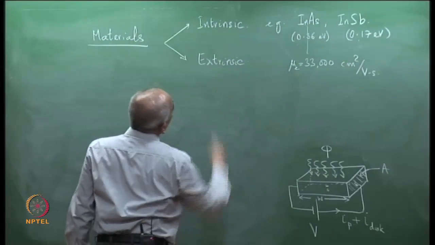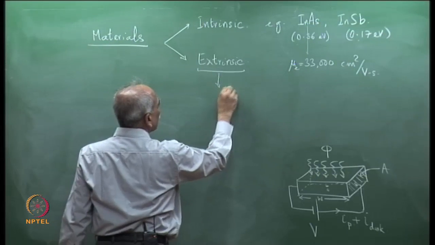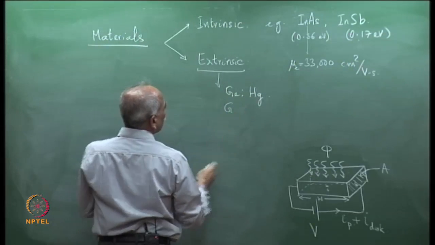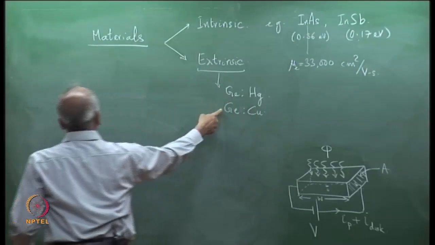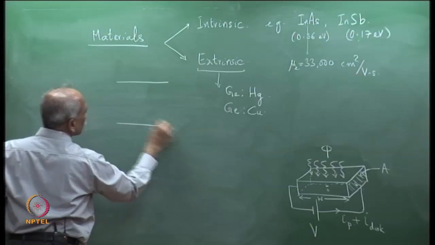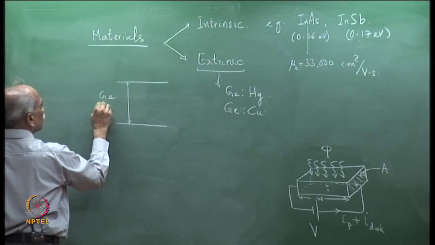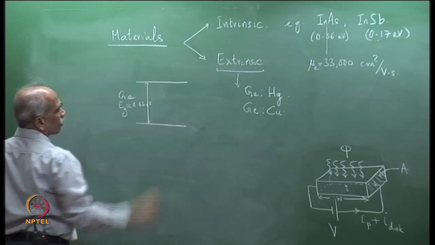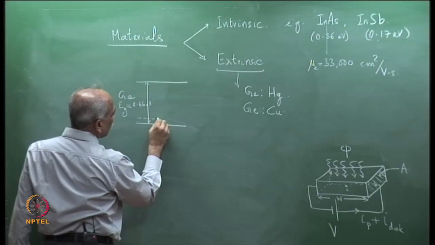And for extrinsic semiconductors, the widely used semiconductor is mercury doped germanium or copper doped germanium. Typically, the activation energy, here we are referring to this. So, let me draw this. This is germanium, and the band gap of germanium Eg is approximately 0.66 eV, and because of mercury doping, there is an activation energy here.